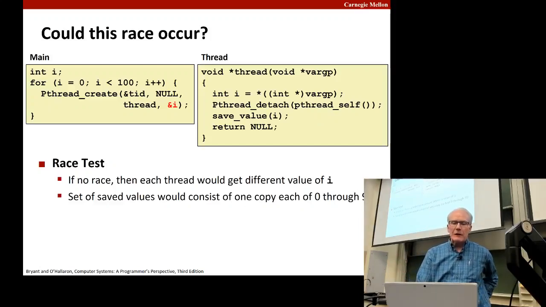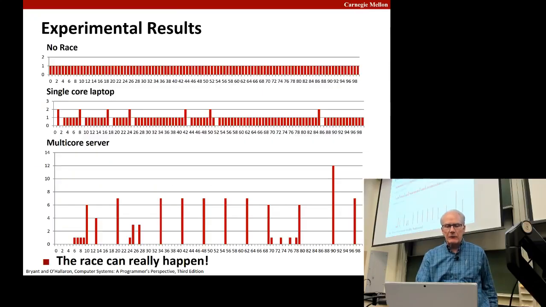So this code, again, is on the web page. What you'd get is sort of a histogram: for each possible value of i, all 99, how many instances get observed by one of the threads. If there were no race, it'd be exactly 1.